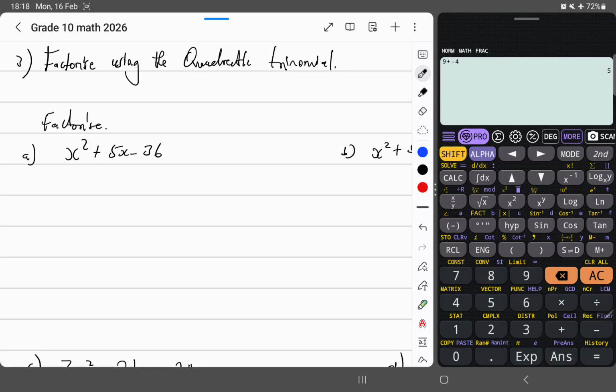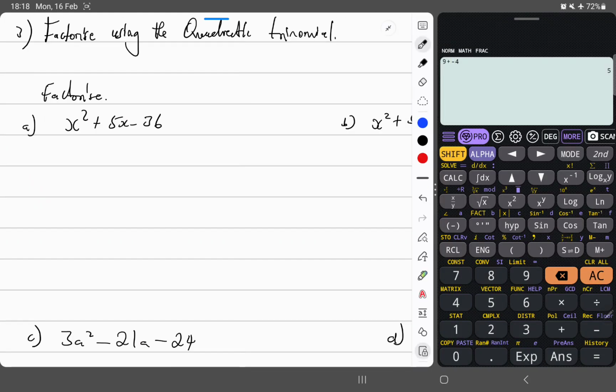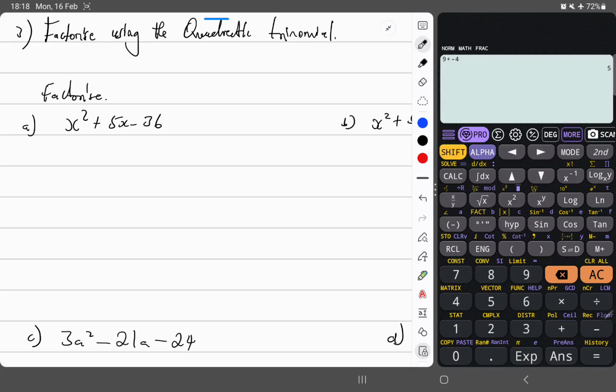I am going to rewrite the middle number in terms of what I've done over there, right? I'm going to have x squared plus 9x minus 4x minus 36. This is going to give us positive 5x. Did I change anything? No, I did not change anything.